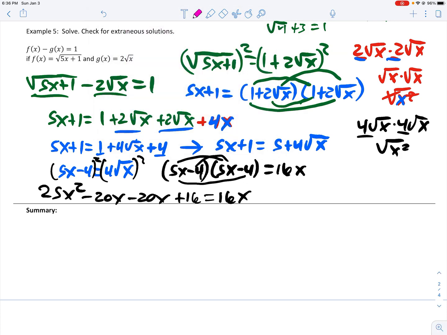So 25x squared minus 20x minus 20x. So 25x squared minus 40x plus 16 equals 16x. So I can subtract the 16x. So 25x squared minus 56x plus 16 equals 0.